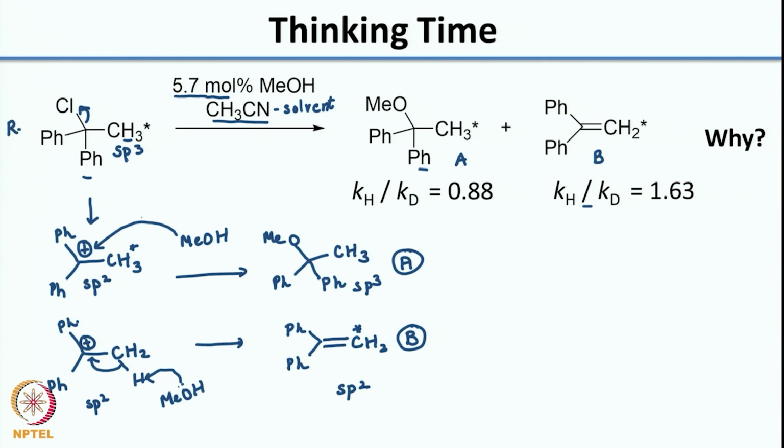You have a change from sp3 to sp2. Based on whatever we have studied in the previous class, a change from sp3 to sp2 would indicate a normal kinetic isotope effect, but what you are observing is an inverse kinetic isotope effect.